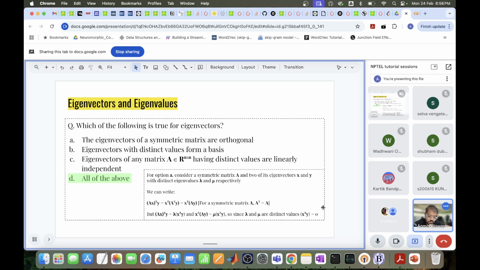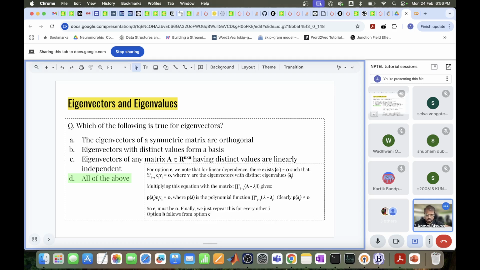Essentially, you get mu times X transpose Y equals lambda times X transpose Y, and then you put them on one side, you'll get lambda minus mu times X transpose Y equals 0, and we are given that lambda and mu are distinct, which means that lambda minus mu cannot be 0. So X transpose Y must be 0, right? So that is the proof of orthogonality of eigenvectors of symmetric matrices with distinct eigenvalues.